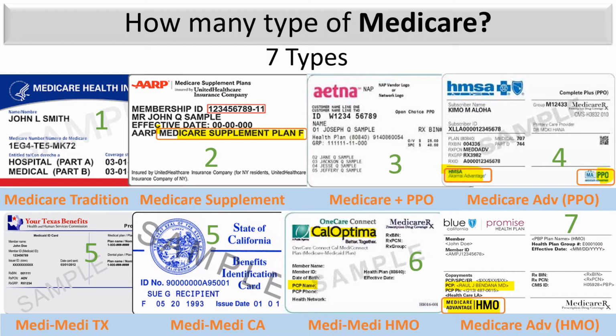Number 7 is Medicare Advantage HMO, where we have to wait until the open enrollment time. The only number that I added was this Medicare plus PPO. That's the only additional one.